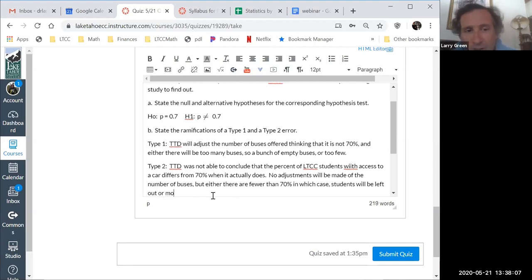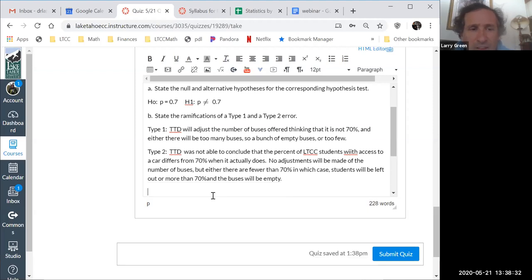Or more than 70%. So that means that students basically all have cars or mostly have cars, and they're not going to take the buses, and the buses will be empty. Any questions at all on a type 1, type 2 error?